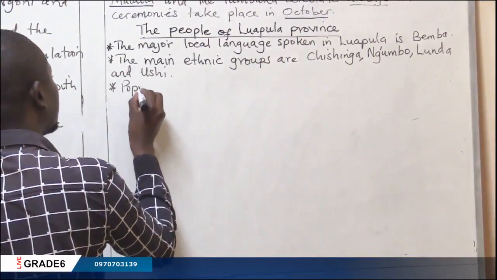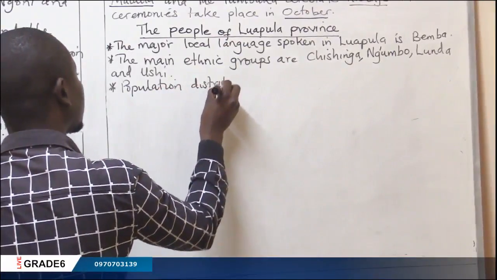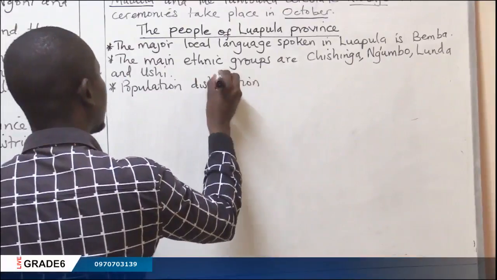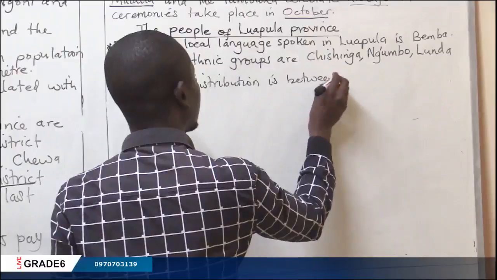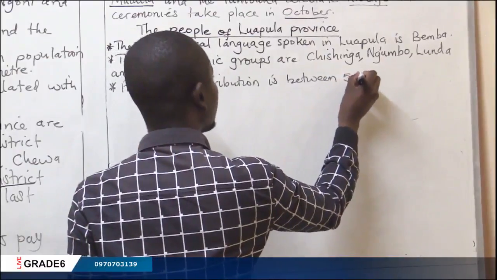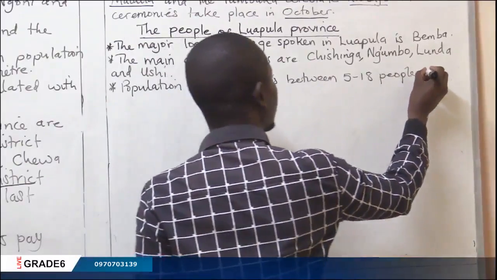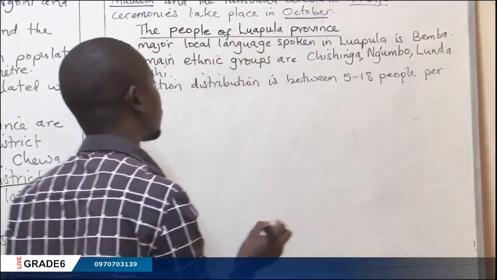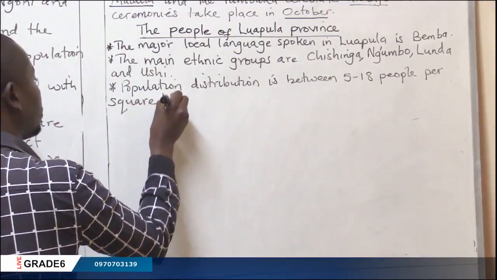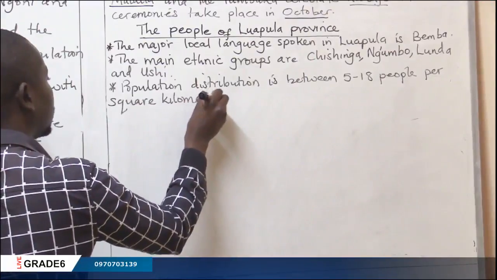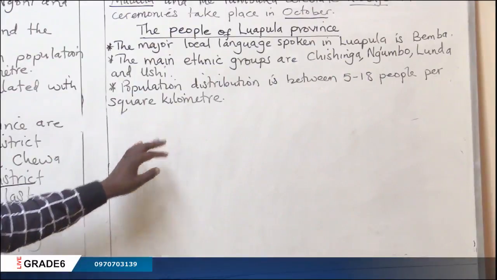So the population distribution is between 5 to 18 people per square kilometer.